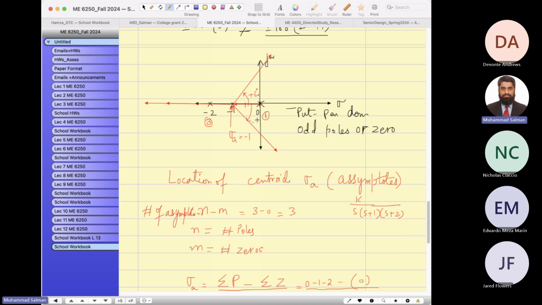This is my negative 60. This is the case, and you will see that the root locus will start moving along these asymptotes.